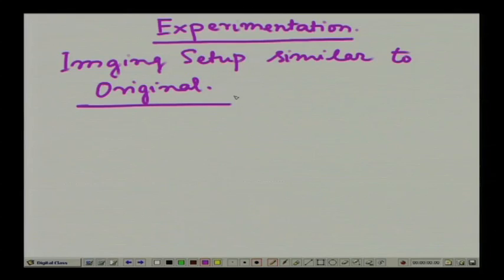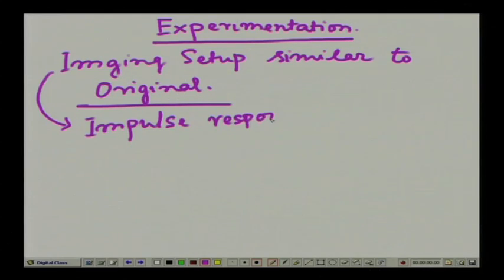So, here our purpose will be to find out the point spread function or the impulse response of this imaging setup. As we have said during our earlier discussion, it is the impulse response which fully characterizes any particular system.